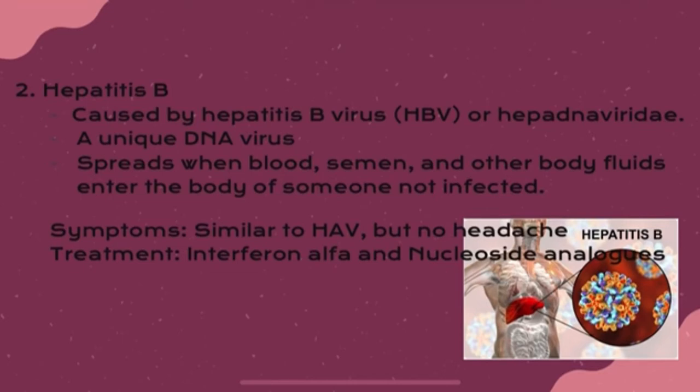The methods of transmission are parenteral and sexual contact. As I have mentioned earlier, hepatitis B spreads if the blood, semen, and other body fluids of an infected person enter the body of a person who is not infected.